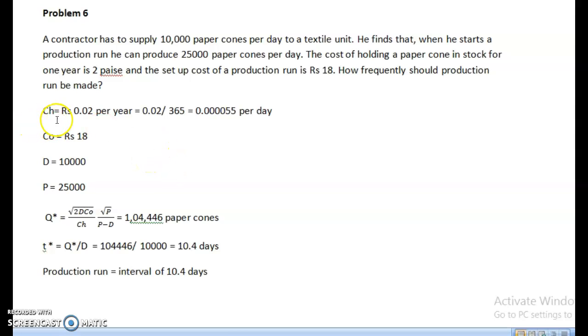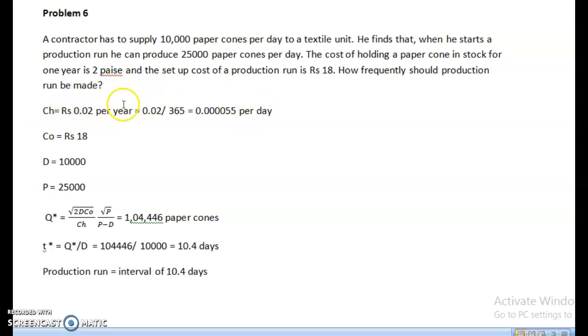Here in this question the carrying cost is directly given. It is 2 paise per year. In this question all the other items are given on a daily basis. That means D is given as 10,000 and the production rate is also given per day. Therefore we convert the carrying cost into a daily cost.